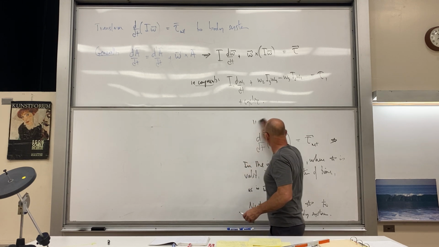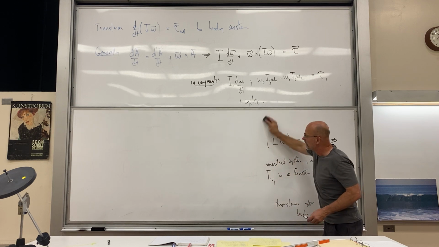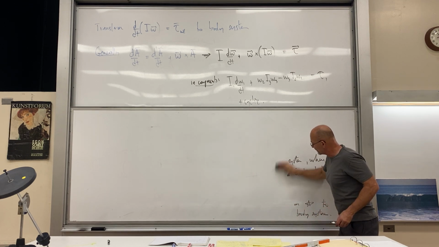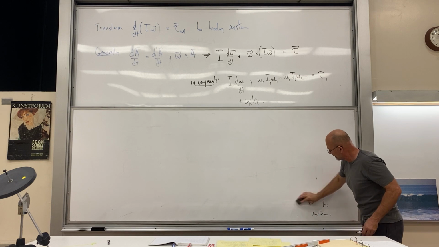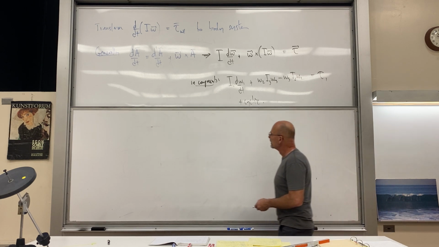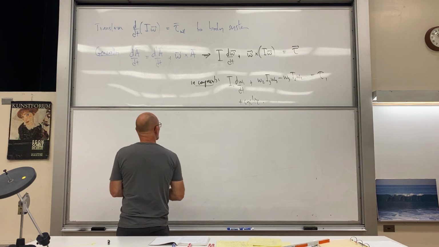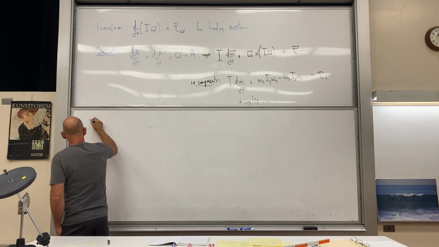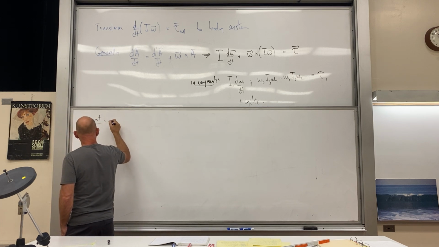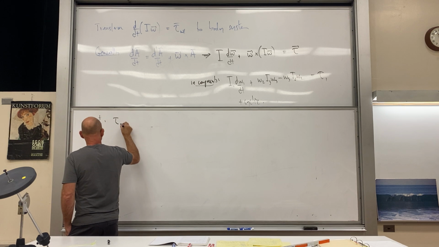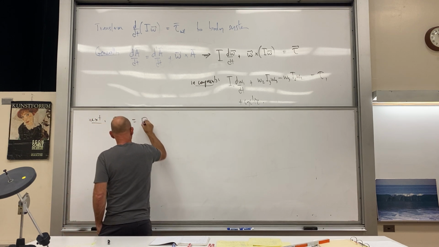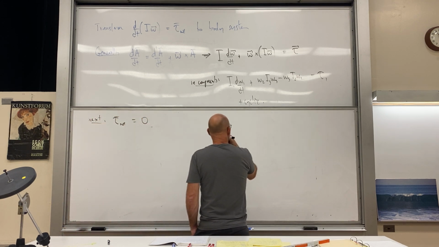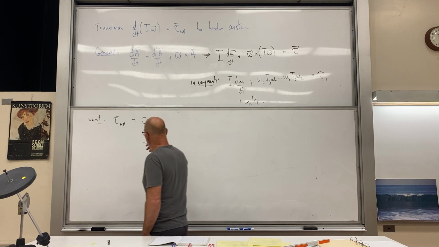Maybe leave some room and do it in your notes. So we're going to consider the net external torque equals 0, and we can get to the form we're looking for.